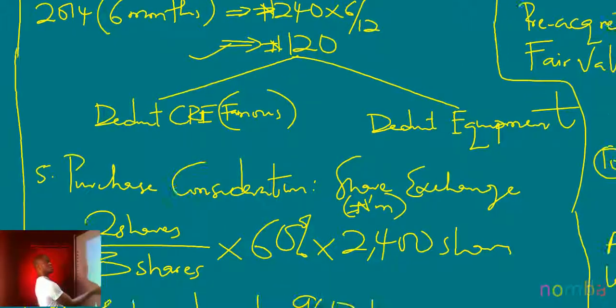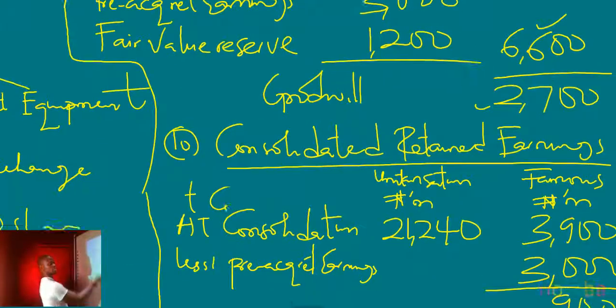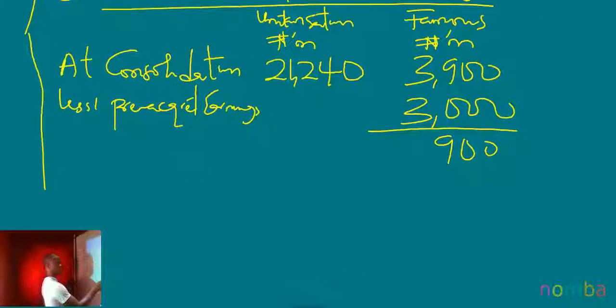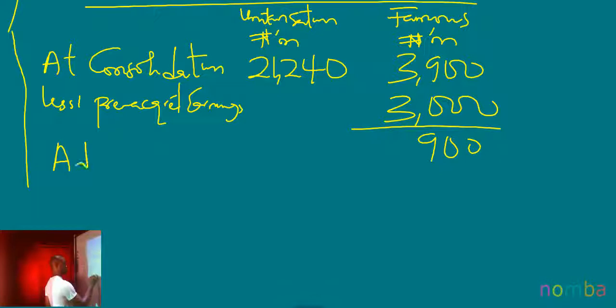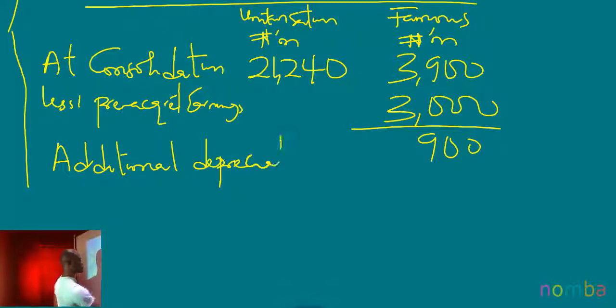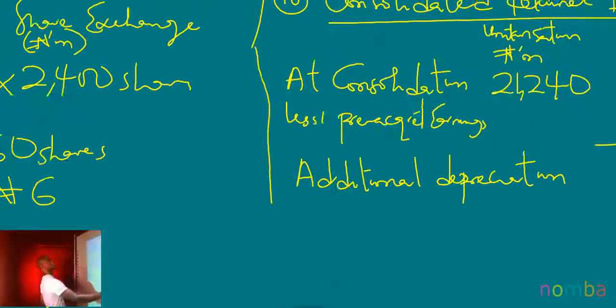And remember, we said we will deduct it from retained earnings of Famous. So let's go and deduct the 120 million from the retained earnings of Famous. So there is an additional depreciation of 120 million. Okay? So let's go back to our workings.